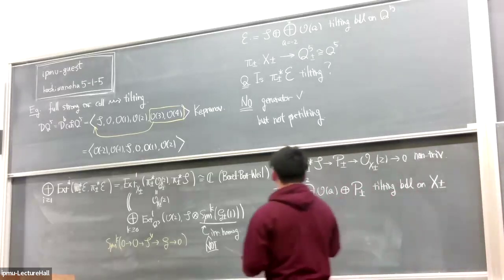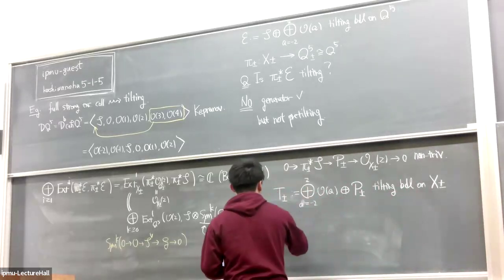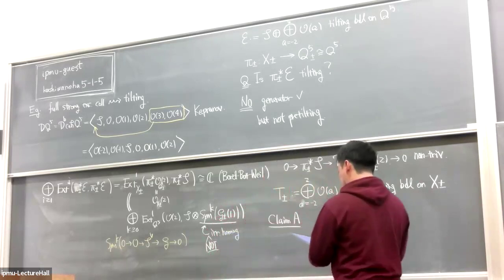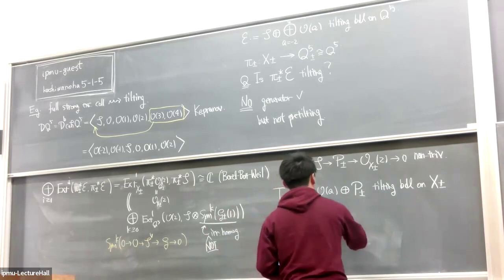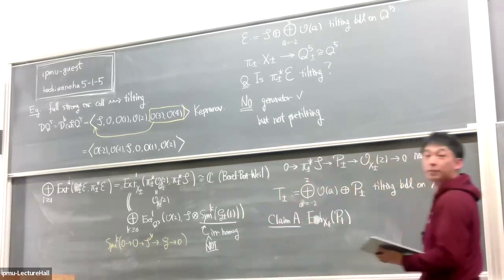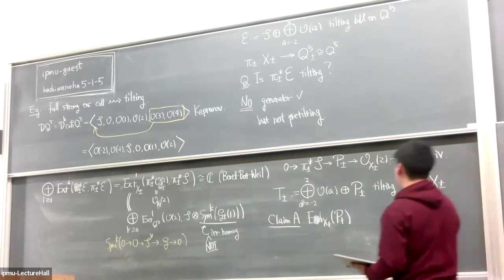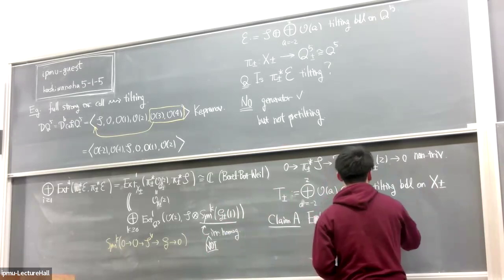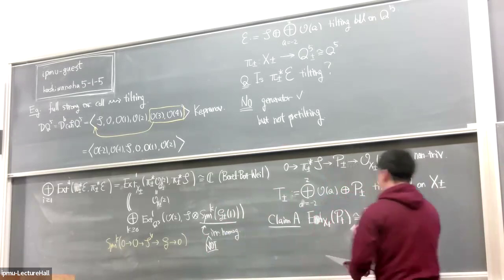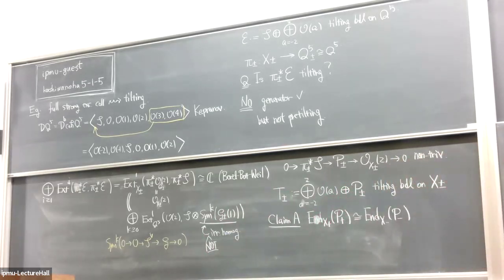And the proof is that the endomorphism algebra of P plus on the side of X plus is isomorphic to the endomorphism algebra of P minus on the side of X minus.